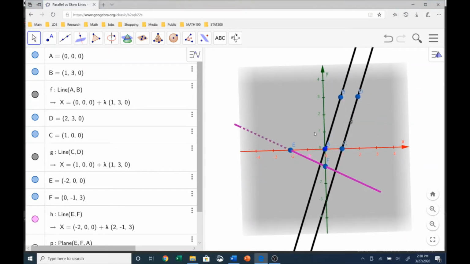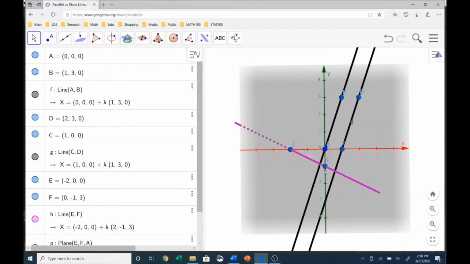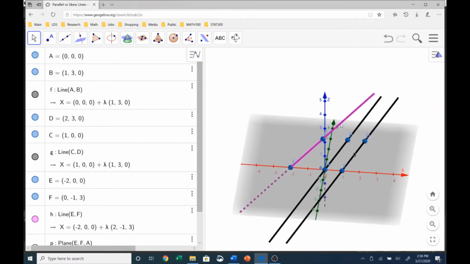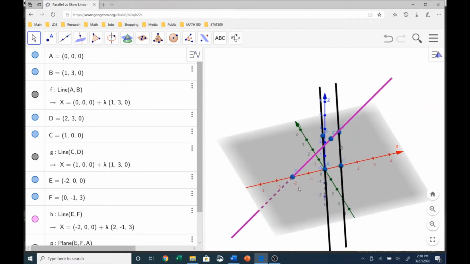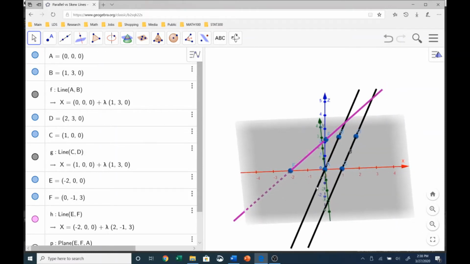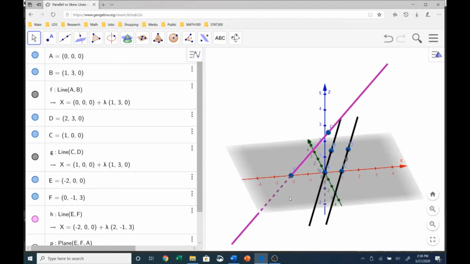If we look straight above at this graph, it looks like we have one line intersecting two other lines. But looking in three directions, we see that this line passing through the points E and F does not intersect either of these two lines, and it's not parallel to them either. In fact, this line is skew to the other two lines.